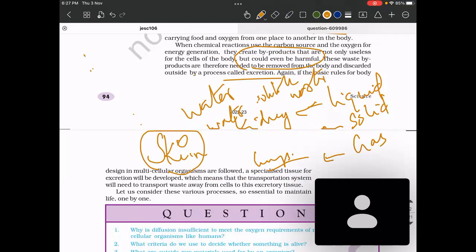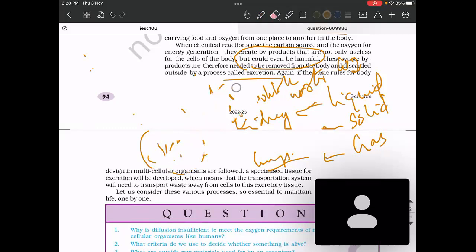So why do we get bad odor on our skin? Because gas is released. Yes, especially the carbon dioxide and the derivatives, metabolic wastes. Metabolic wastes are excreted even through the skin. So that makes bad odor in our body.